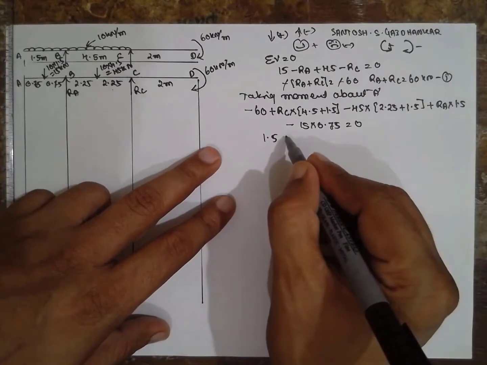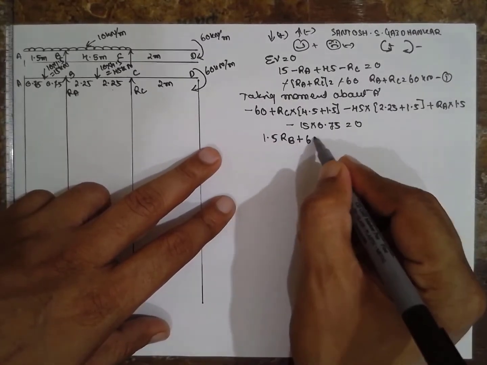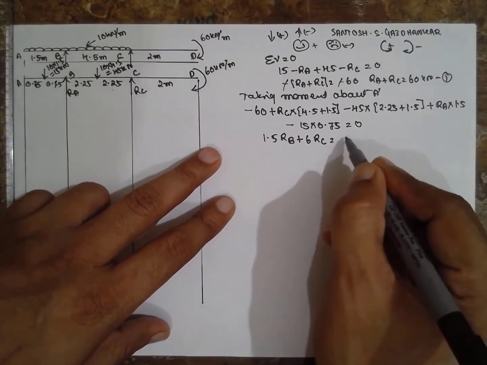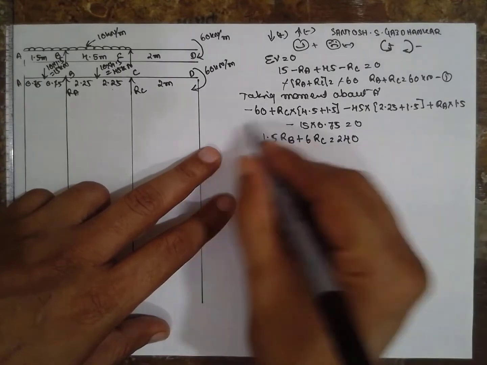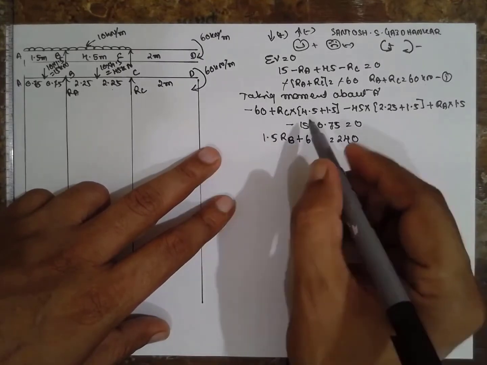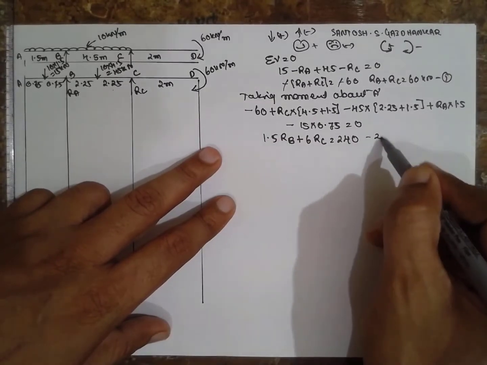If you calculate, the value obtained will be 1.5 RA plus 6 RC is equal to 240. Consider this equation 2.